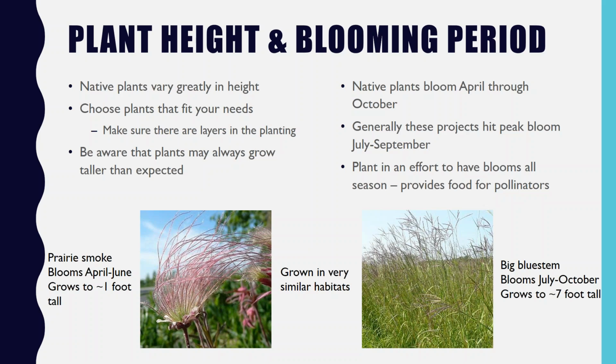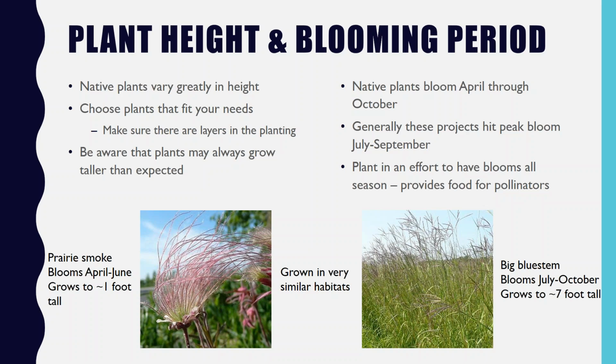Also, native plants bloom from April to October, and so trying to pick plants that will bloom all season is very helpful. Generally, most of our plants hit their peak bloom July through September, so that's when you're going to get the most flowers, but still trying to make sure you have some flowers going all year long is nice for you and the pollinators.